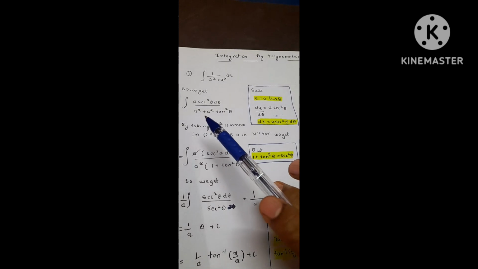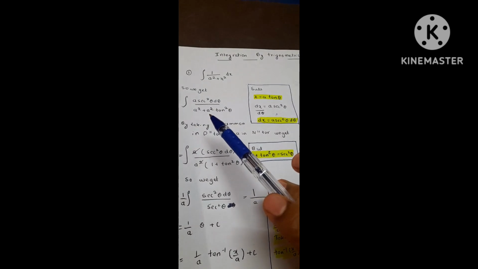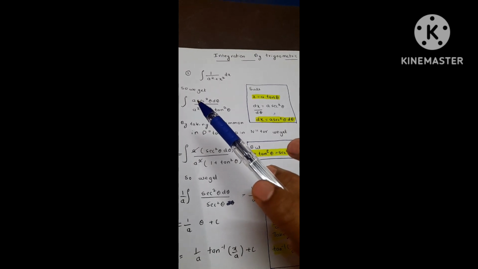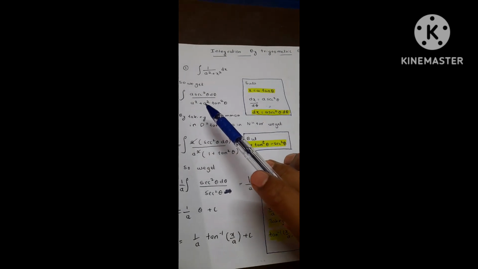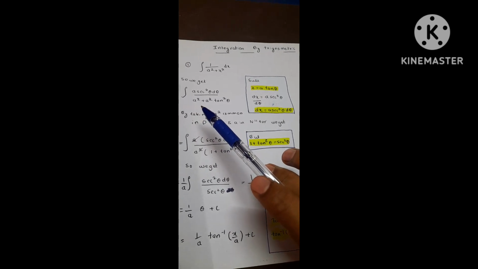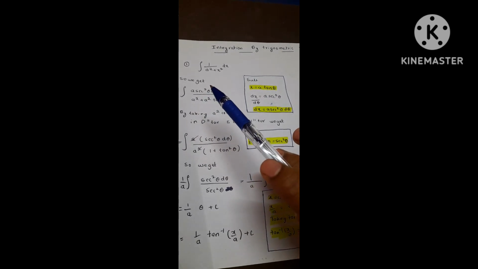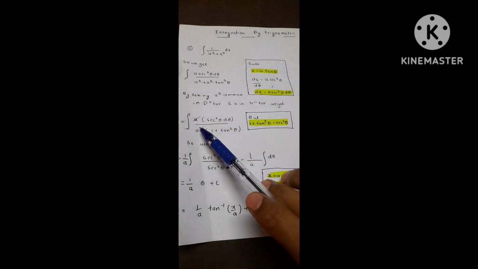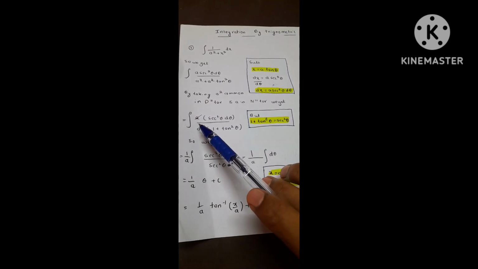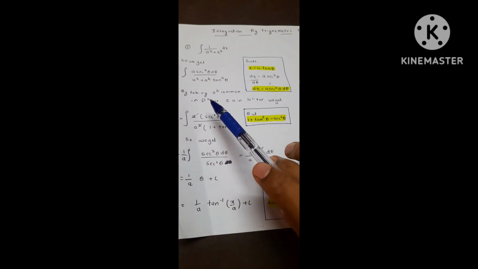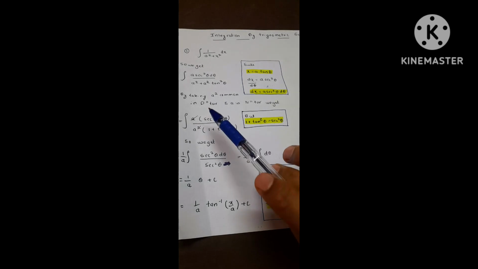You can see a square is common in the denominator, and a is in the numerator. So we can take a square outside from the denominator and a outside from the numerator. We get a in the numerator, a square in the denominator, and secant square theta d theta.